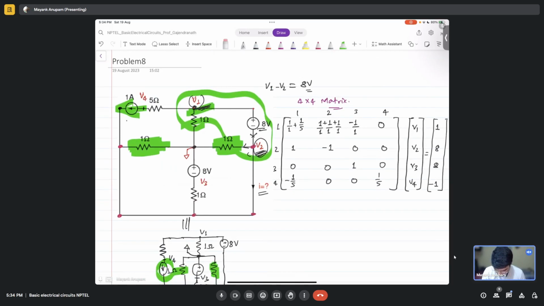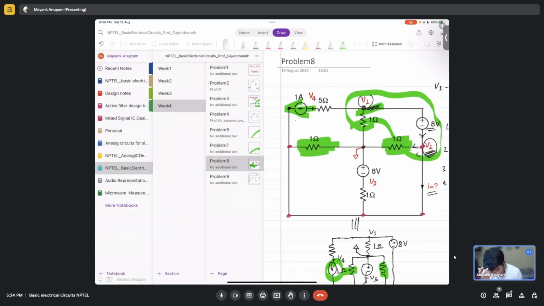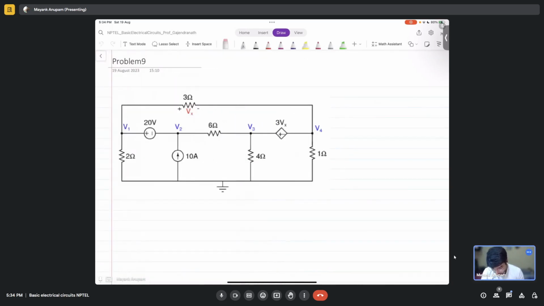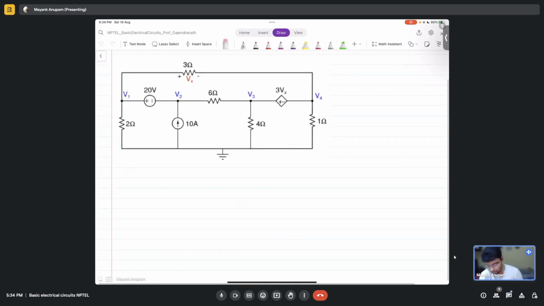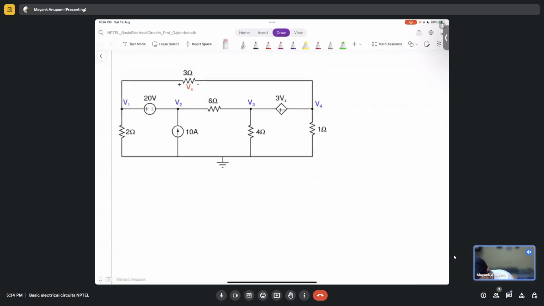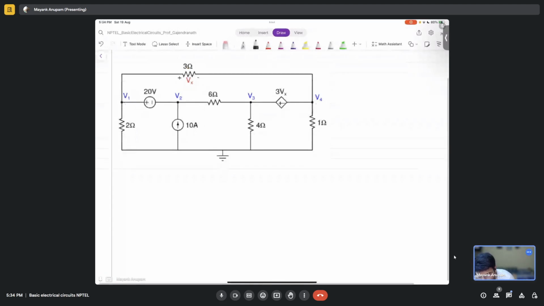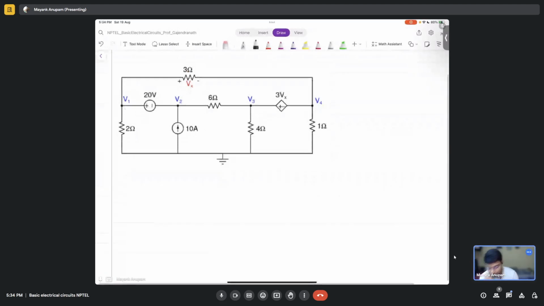Fine. So let's go online. Yeah, quickly. This is the last formulation that I want you to do. After that, you can go home. So tell me, what will be the size of the matrix here?